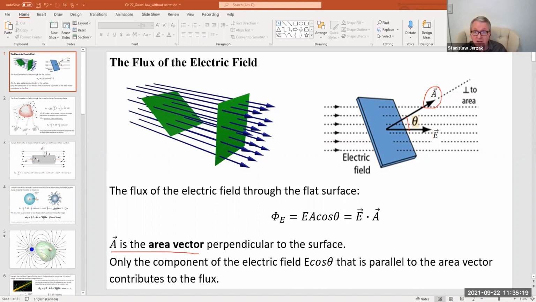So the magnitude of area vector is equal to the area, which is in meters squared, maybe 2 meters squared. And the direction by definition is perpendicular to the area. So you see, so this, if this is the line in that area, then this is 90 degrees. So area vector is perpendicular to the area. That's the definition of the area vector. And then this angle theta is the angle between the electric field and that area vector.